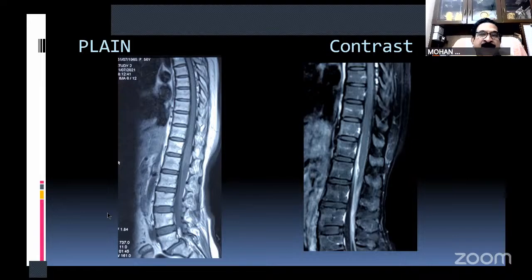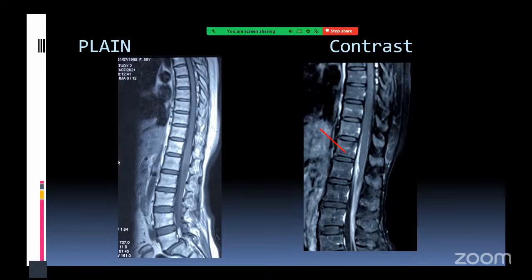The left one is the plain one, the other one is the contrast. Did you see the enhancement of the cauda roots as well as the epiconus region here? The roots are all enhancing, plus the enhancement is going up. It's leptomeningeal enhancement like this. That could explain the flaccid paraplegia, including the roots surrounding the dorsal roots also, which are coming down.